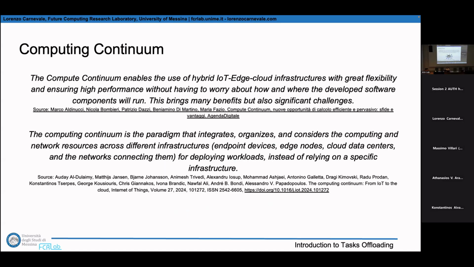Why are Internet of Things, edge computing, and cloud computing all important for the concept of offloading? Because they are part of this new computational paradigm that is called the computing continuum, or cloud-edge-IoT computation. In this case, we have the possibility to make the computation in one of the three layers: the very low layer, IoT, the mid layer, edge, and the big layer, let's say cloud.